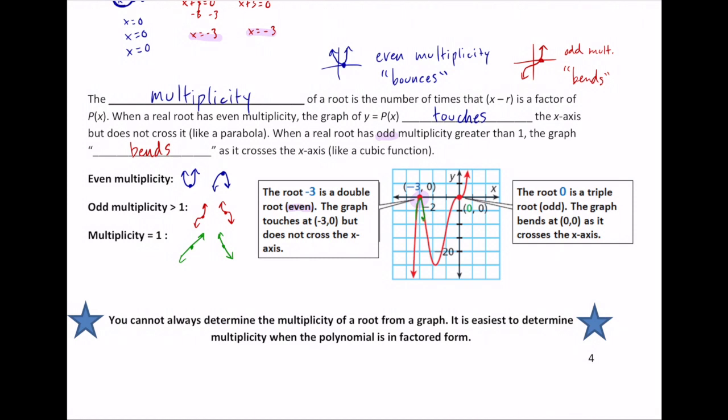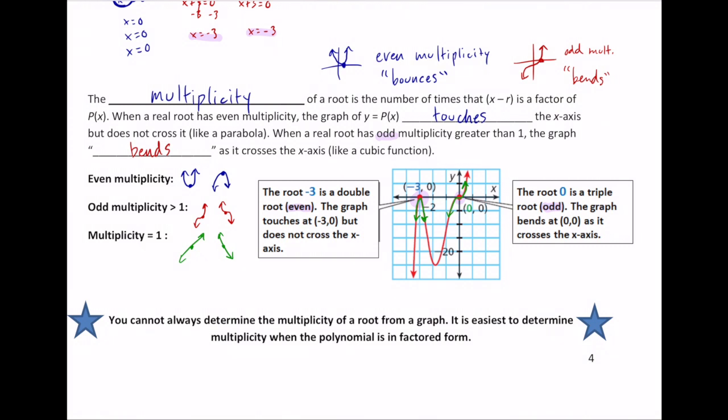The graph touches the x-axis, but then bounces away from it again. So that means it's even. And let's look at 0. The graph bends there, so it looks a bit wavy when it crosses the x-axis. So that means we have odd multiplicity. We have a triple root.